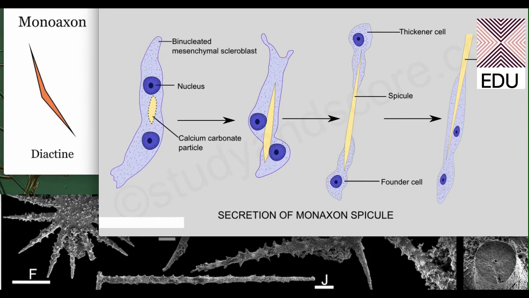This is the final spicule formed. If one thickener cell is moving upwards and the founder cell is stationary, it will be a monoradiate spicule. And if there are two thickener cells, then it will be a biradiate monoaxon spicule.